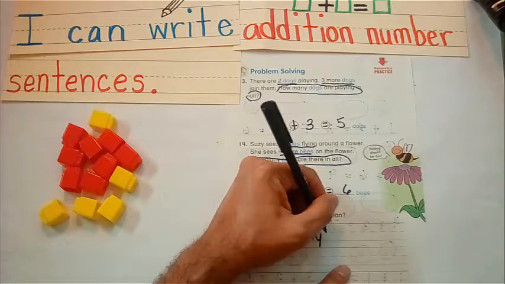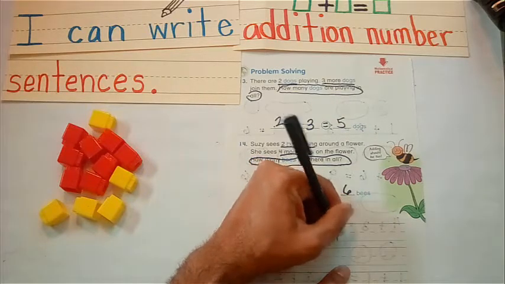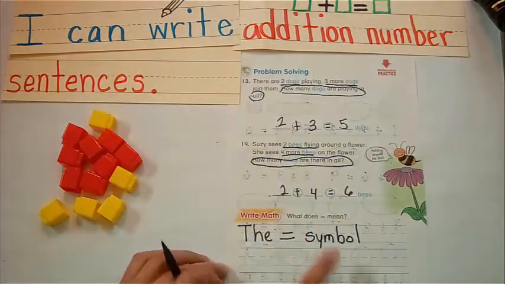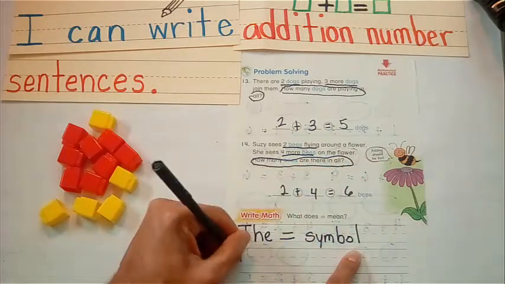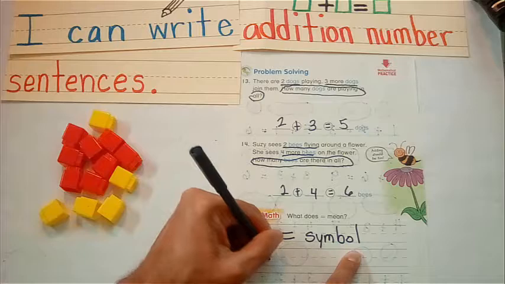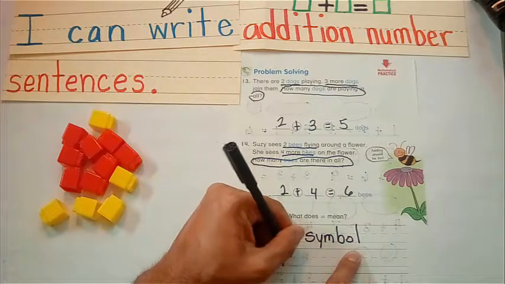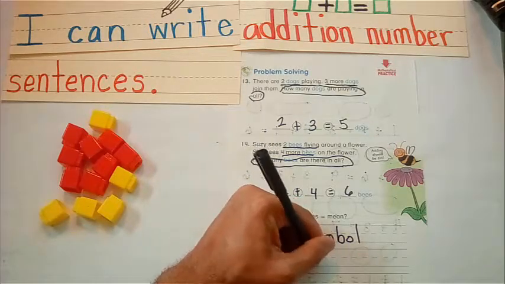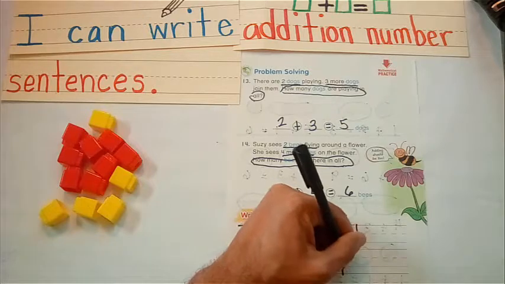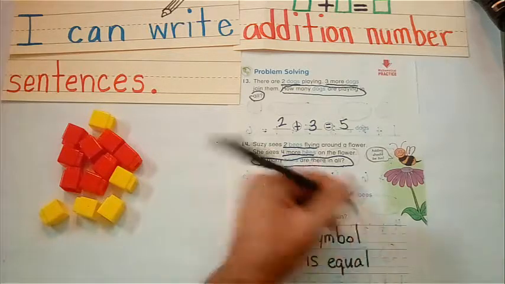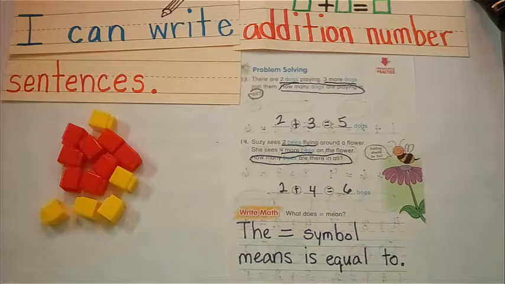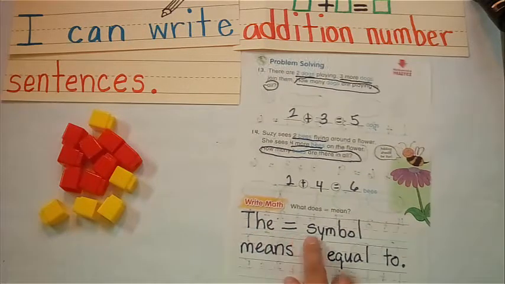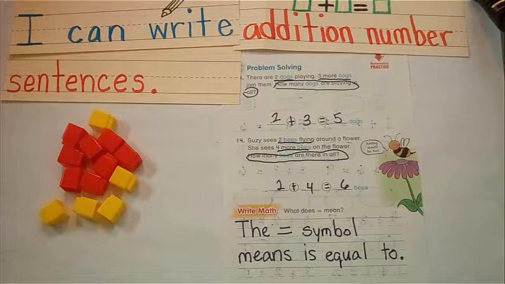It means equal to. We talked about that today. So the equal symbol means is equal to. The equal symbol means is equal to.